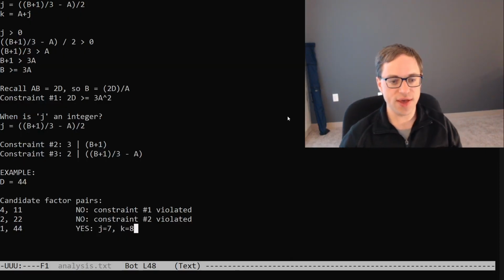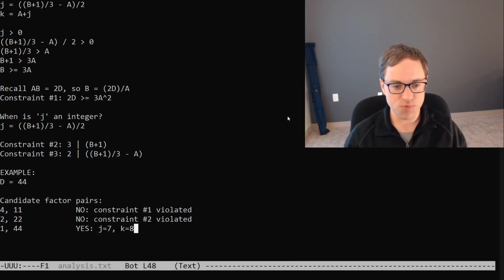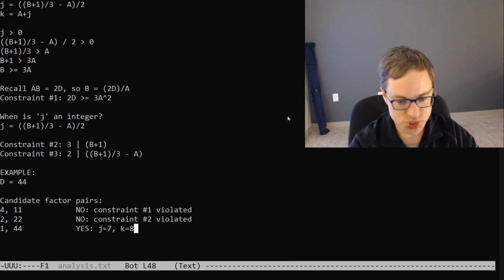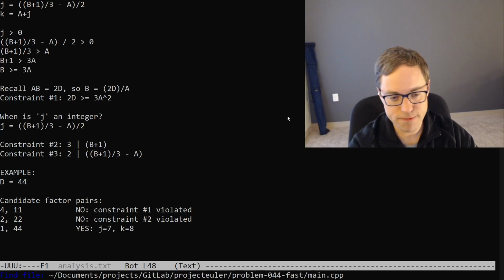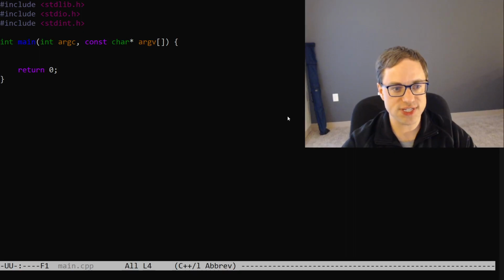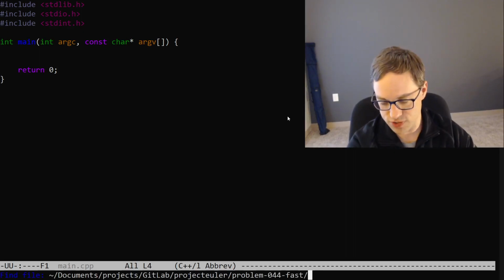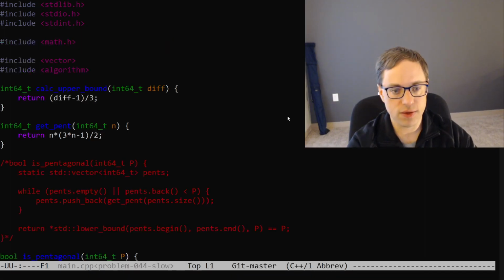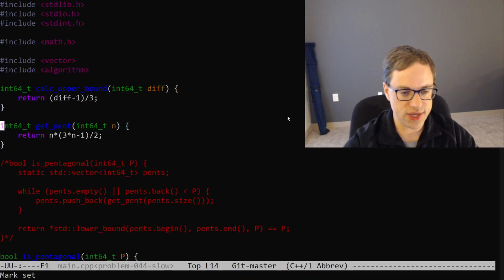Okay, so with all that worked out, let's finally write some code. Go to our main.cpp. And there's a couple of functions I want to steal from our other solutions. So let me just open that up real quick. We're going to want this get pent.